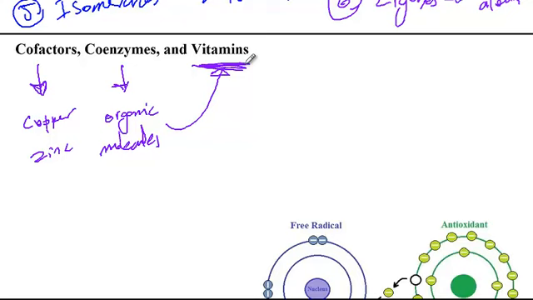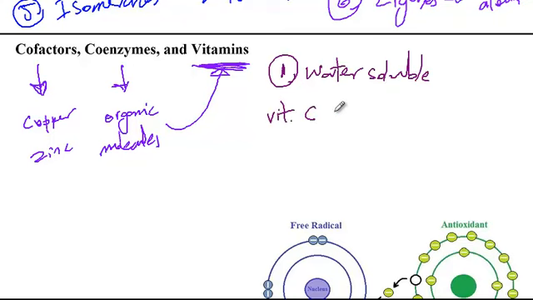These coenzymes can come in different forms. Number 1, there are water soluble vitamins, like for instance vitamin C, which has antioxidant properties, and we can have vitamin B complexes, which are required for carrying out many different reactions.